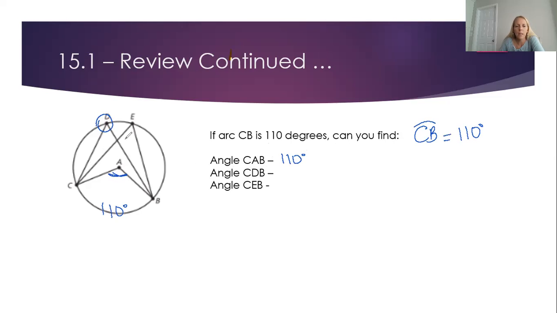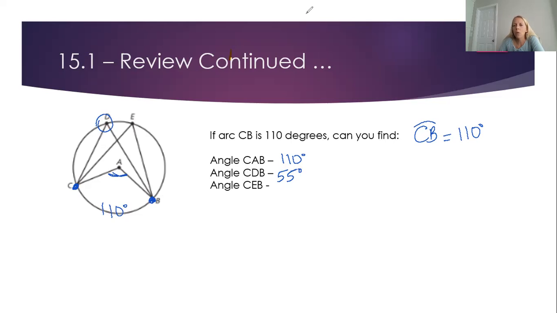Angle CDB. Go to the end of its leg, there's the endpoint. Go to the end of the other angle leg. Look at that, it also intercepts arc CB. If arc CB is 110, angle D is an inscribed angle, so half of 110 would be the measure of angle CDB.